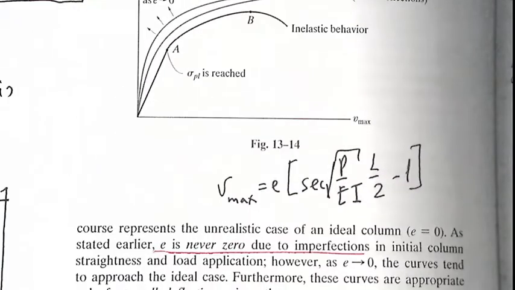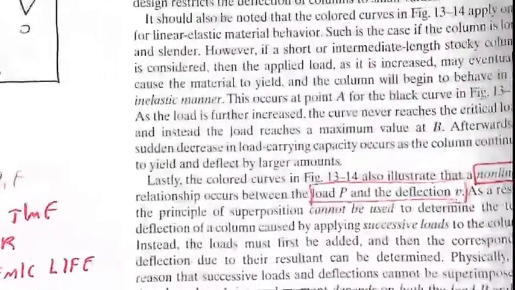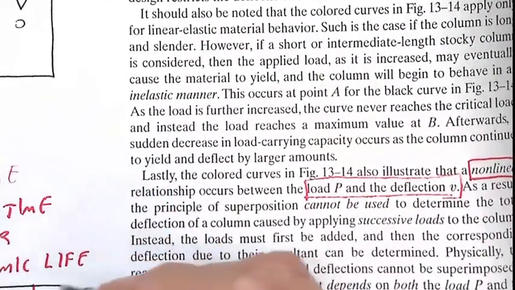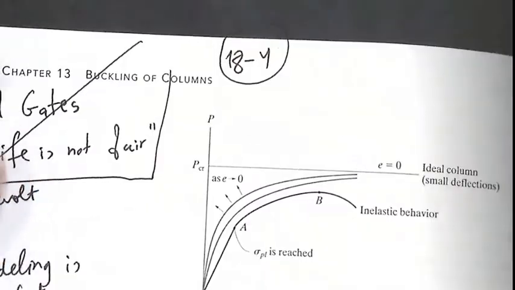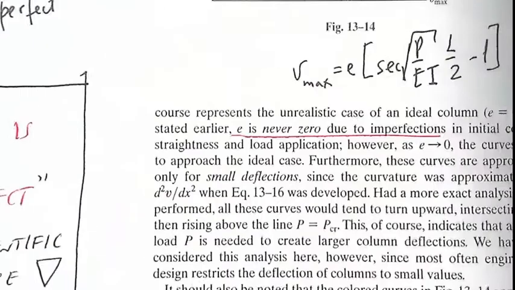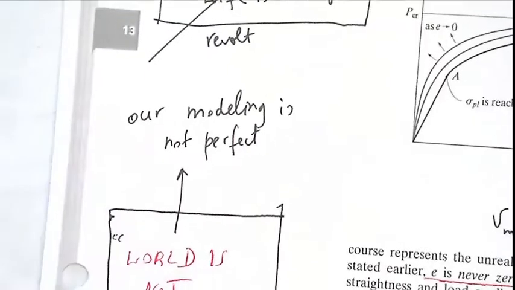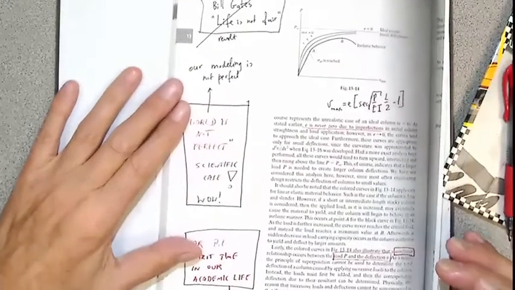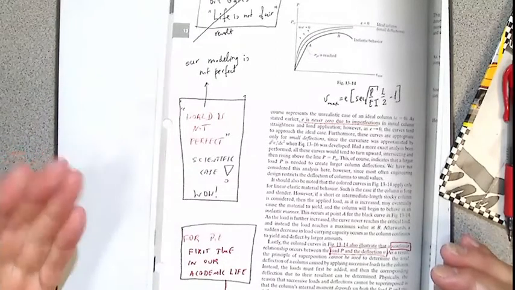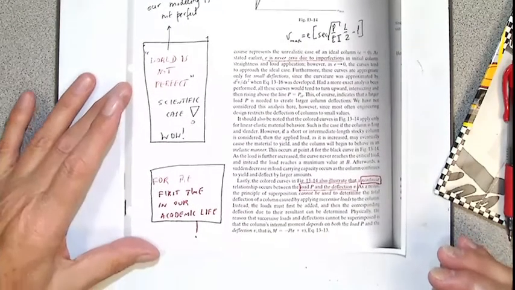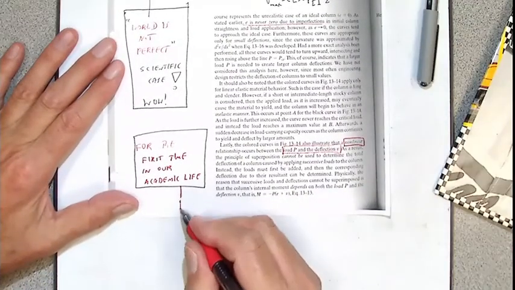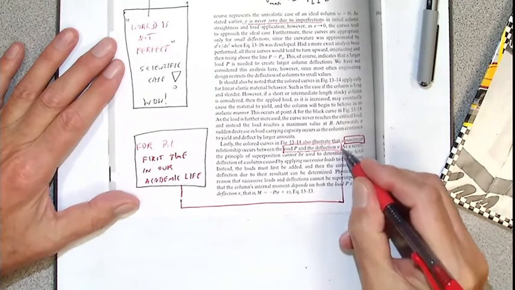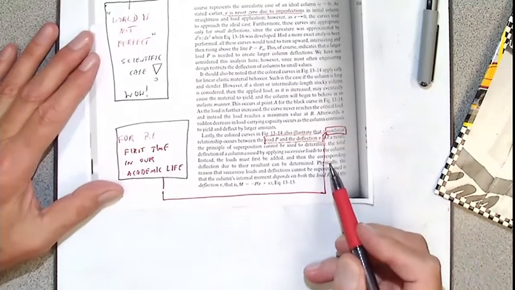This is also for the first time in academic life. Forget that life is not fair, we are not dealing with that situation, but the world is not perfect, or our application, or our modeling is not perfect. Our modeling is not perfect when we talk about centrally loaded systems. For the first time in our academic life, we also see, look please, a non-linear relationship between load and deflection.